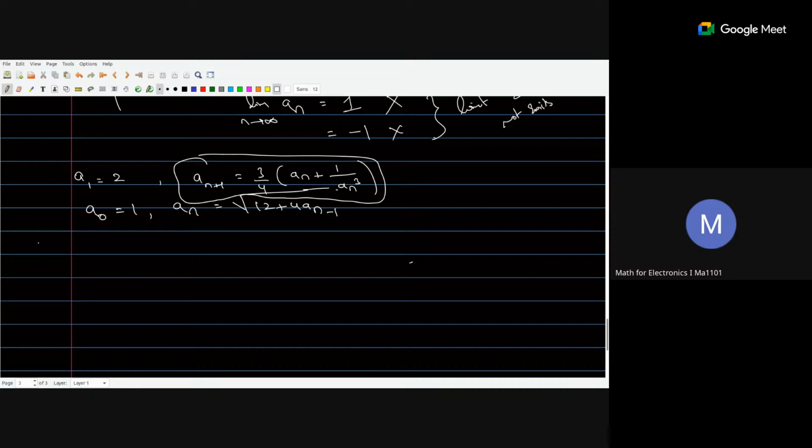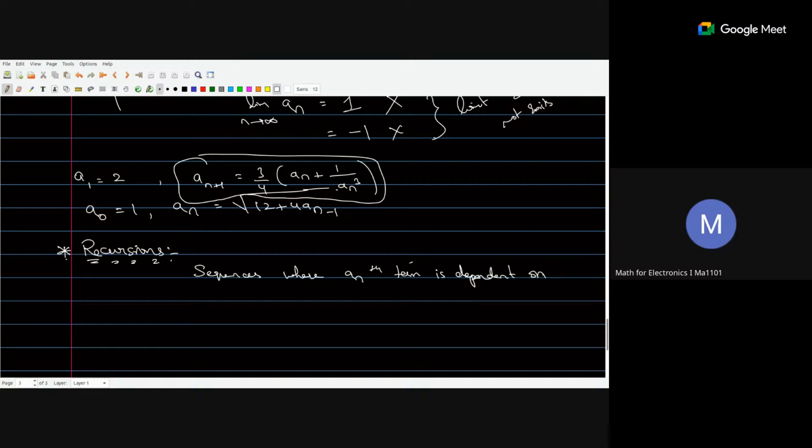As I mentioned, there are recursions. Recursions are basically sequences where the nth term is dependent on the n minus 1th term.